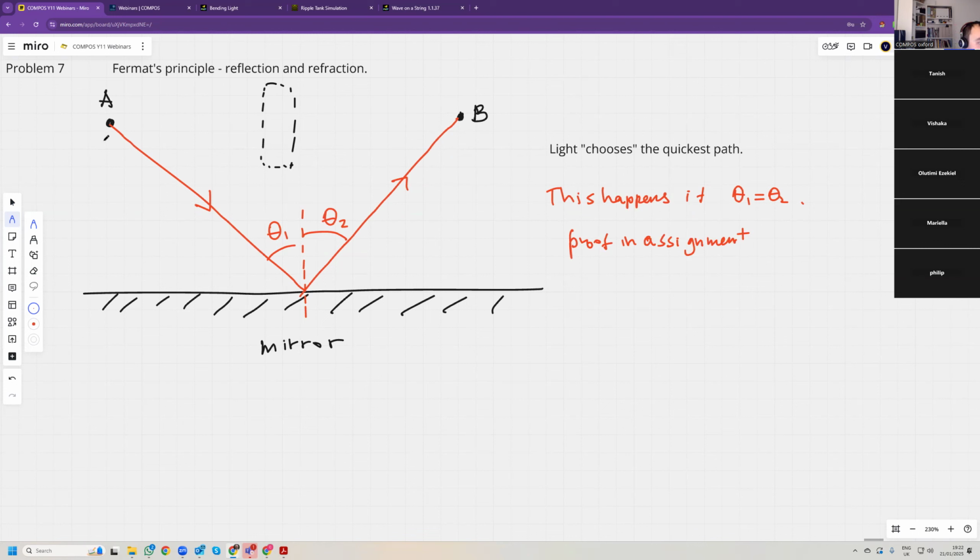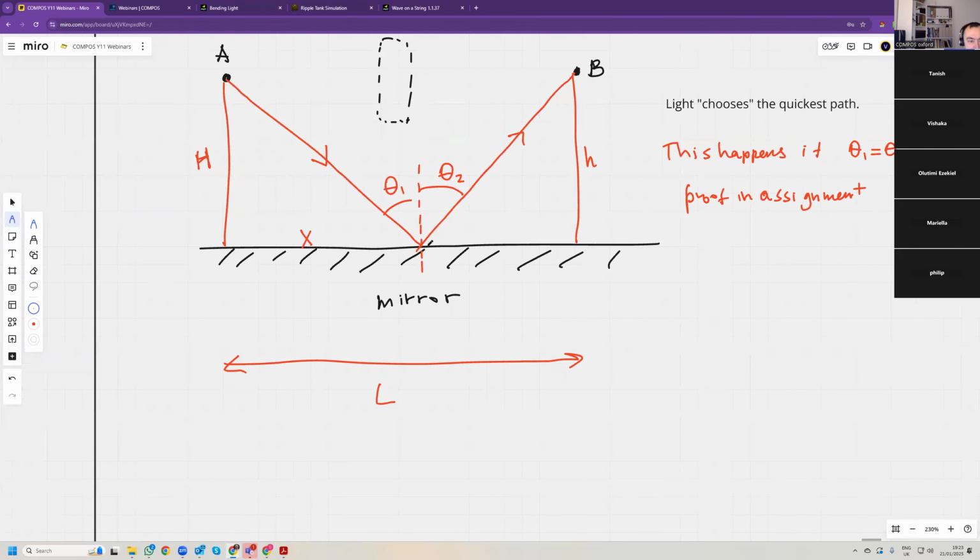So what we do is we take this to be h, and we call this h small, and then we have this distance L and this distance x, and we work out the time it takes to travel from A to M and from M to B. So time from A to M is equal to, well, it's distance divided by speed.